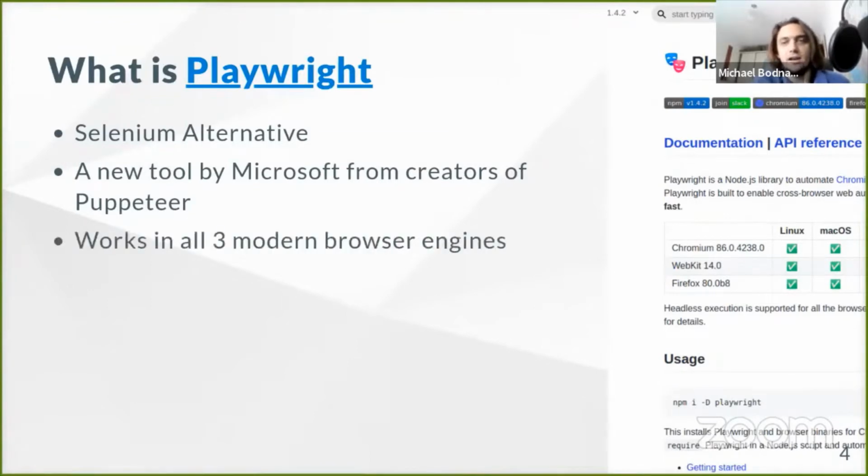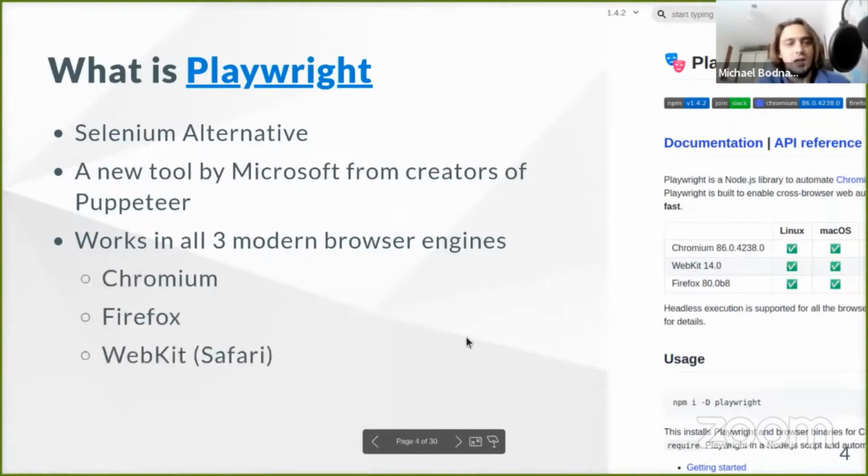Playwright works with Chromium, WebKit, which is Safari, or Firefox. So if you need to test something in Safari and you don't have a Mac, the WebKit engine will run on every operating system. The first time I saw Safari running on my Linux was when I executed this with Playwright.